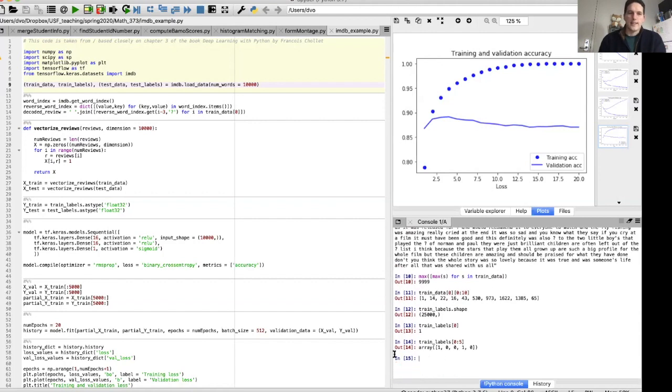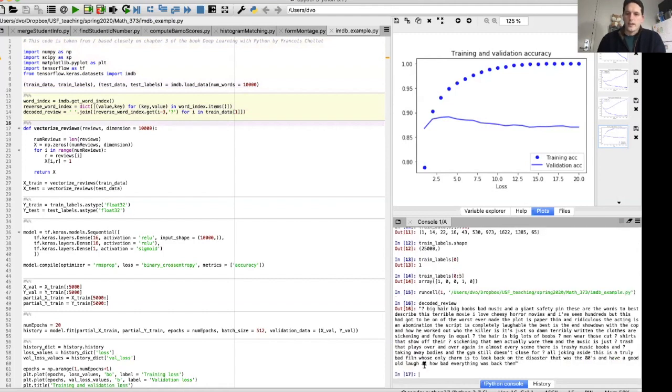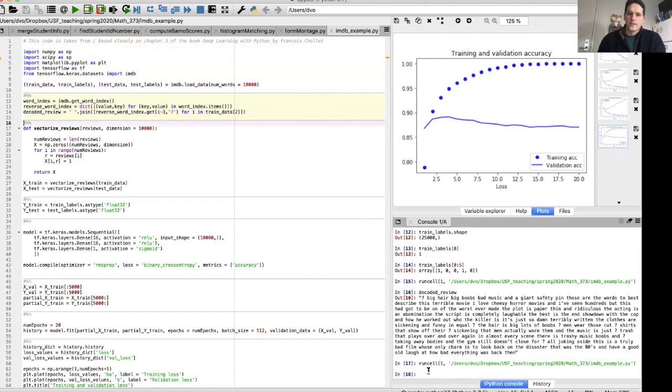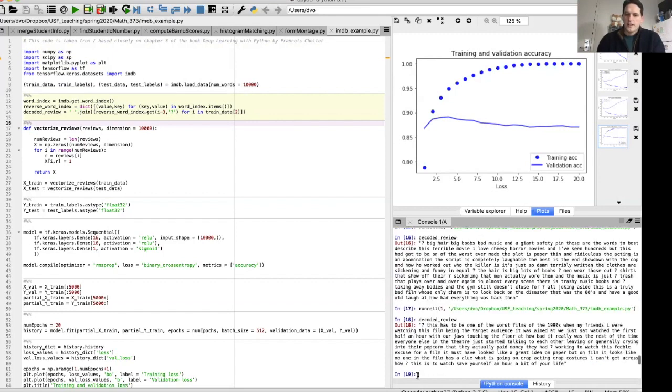Let's look at the second. Let's decode the second review. And let's read that one. So decoded review. That's a negative review. Let's look at the third movie review. Decoded review.